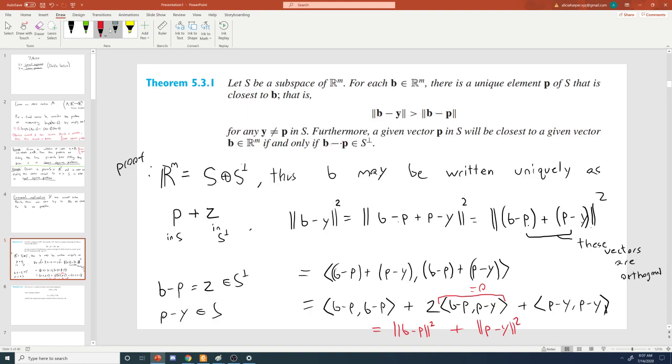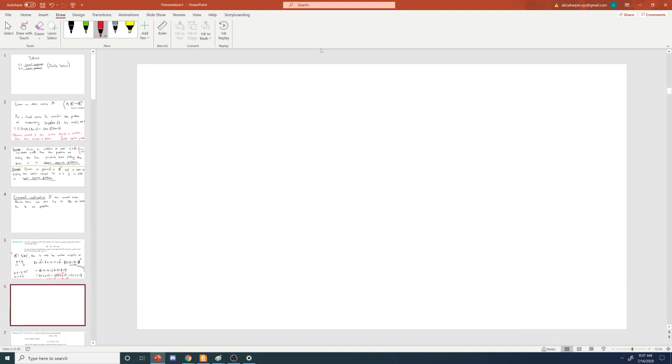So we can take everything we have to a new page. And it tells us that the length of B minus Y squared is going to be equal to the length of B minus P squared, plus the length of P minus Y squared.